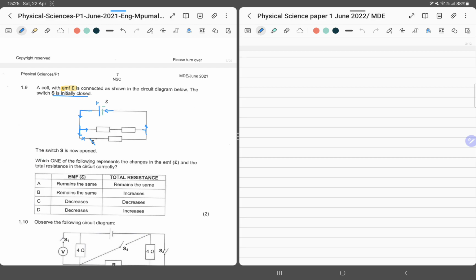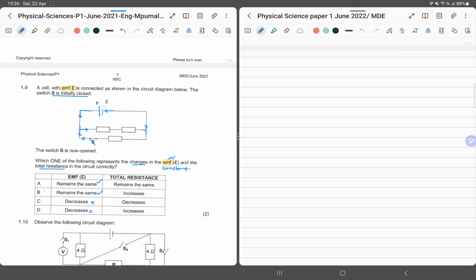Now the question says, which one of the following represents the changes in the EMF and the total resistance? So the reality is EMF is a constant. So it never changes. So it cannot change. So anything that says remains the same is good. Anything otherwise is already out.